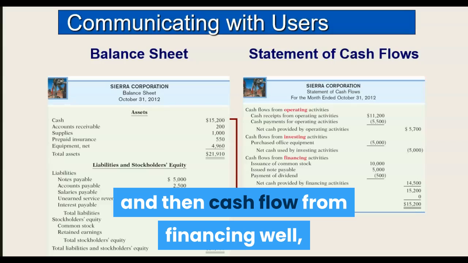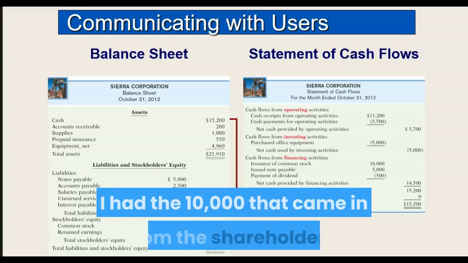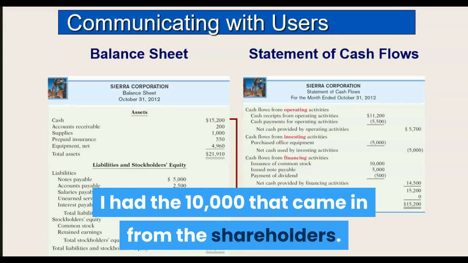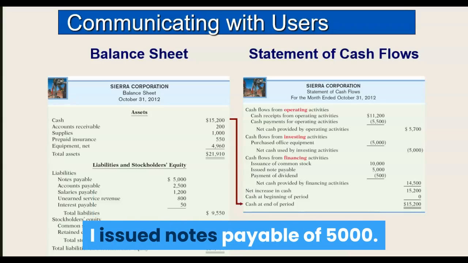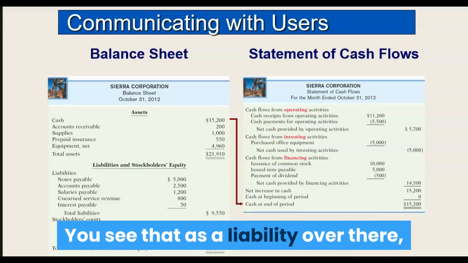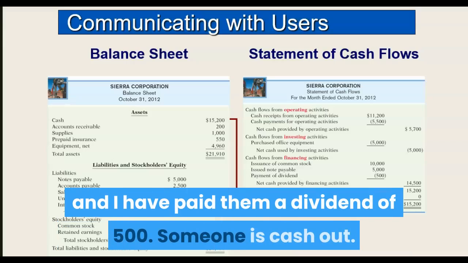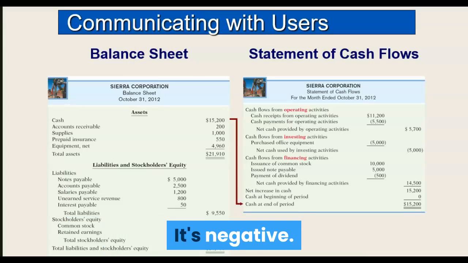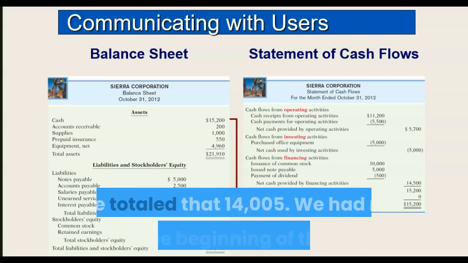And then cash flow from financing, well, I had the $10,000 that came in from the shareholders. I issued notes payable of $5,000. You see that as a liability over there. And I have paid them a dividend of $500. So when it's cash out, we bracket it. It's negative.